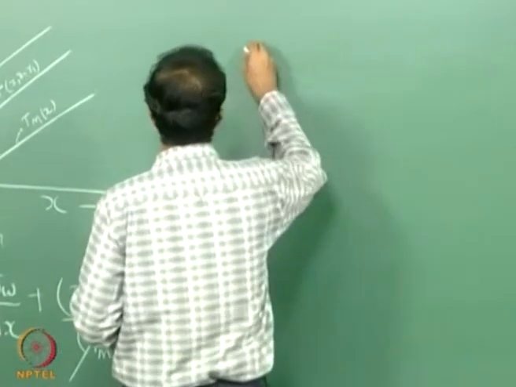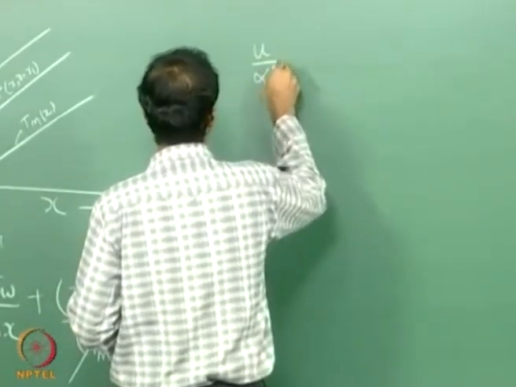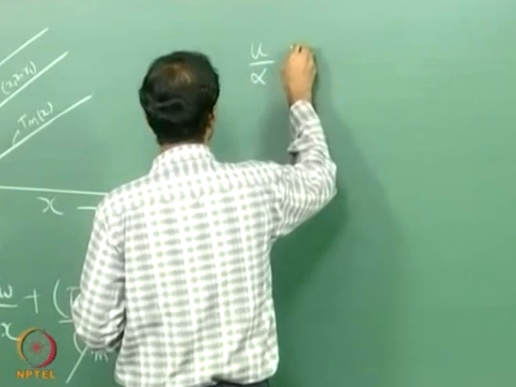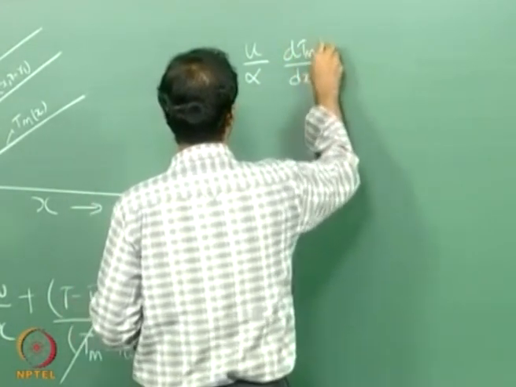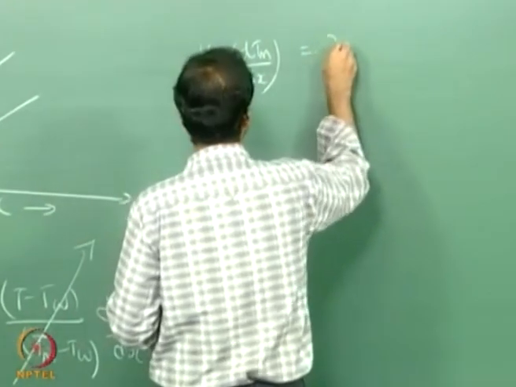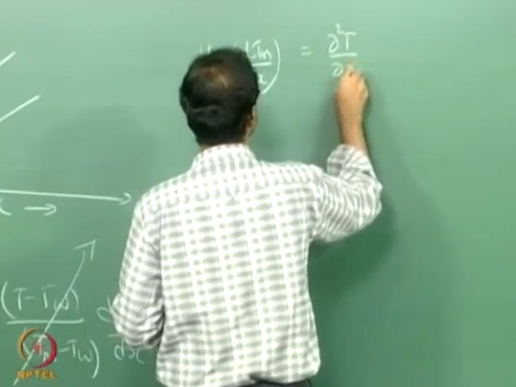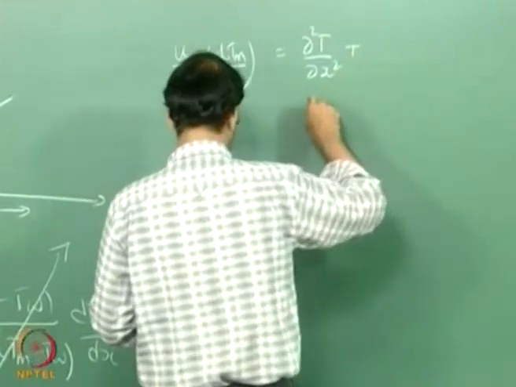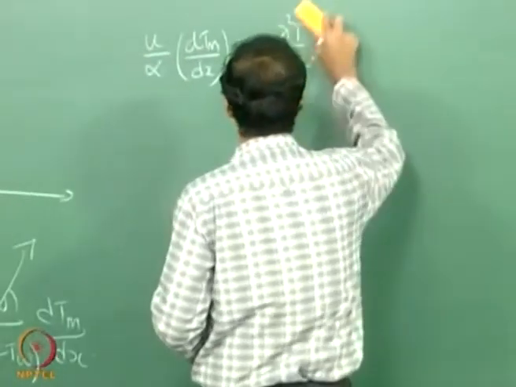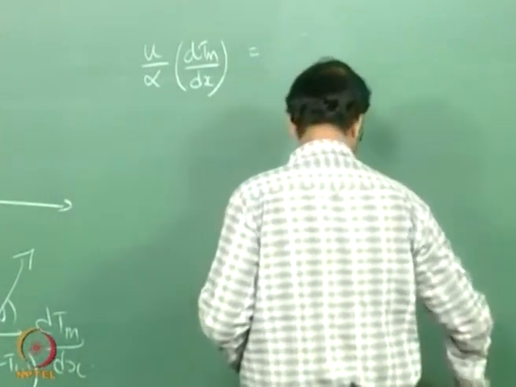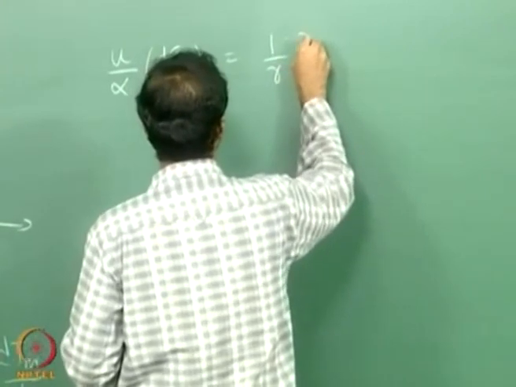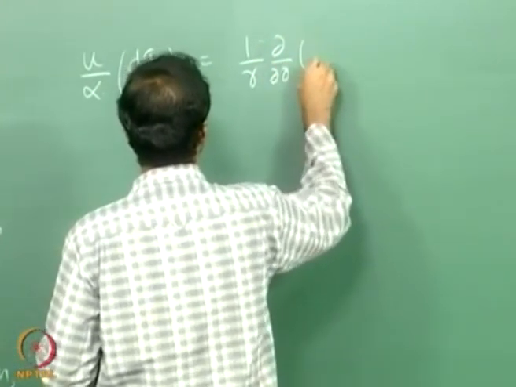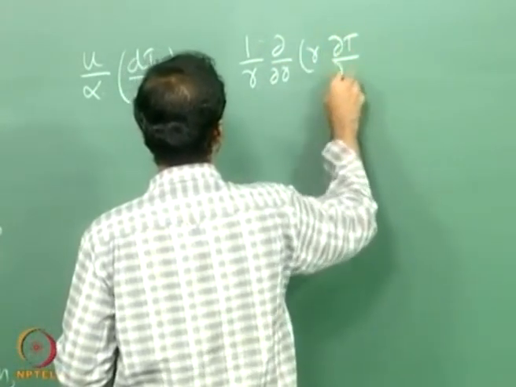So you have u by alpha, and now the dT by dx can be replaced by dTm by dx, which is a constant, equal to d square T by dx square plus... We have neglected the axial conduction in comparison to the magnitude of the radial conduction, so we retain only the radial conduction term, (1 by r) d by dr of (r dT by dr).